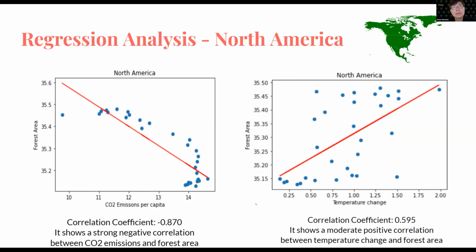More fundamentally, in this discussion, what is the exact meaning of this dot? For example, if you look at this dot for North America for CO2 emission and forest area, for a particular year, so an individual dot is a year?